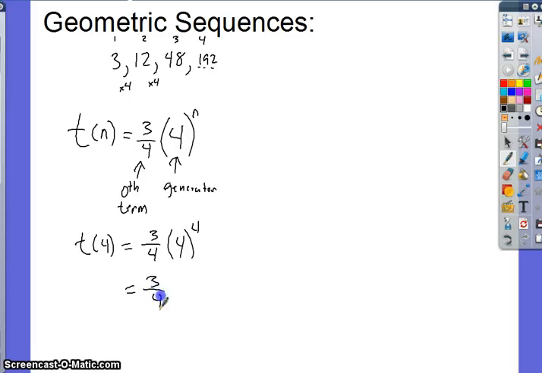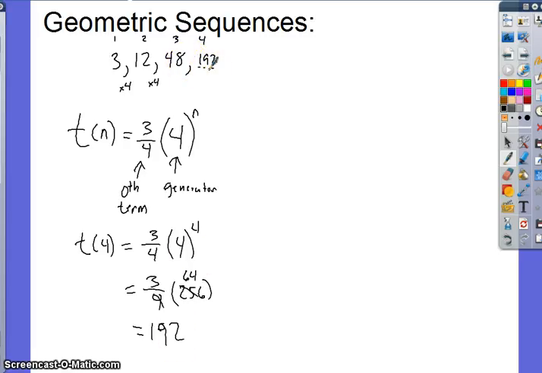So 3/4 times 256. 4 goes into 256 sixty-four times, and then 3 times 64 is 192, which is what we discovered up here. So 192, 192.